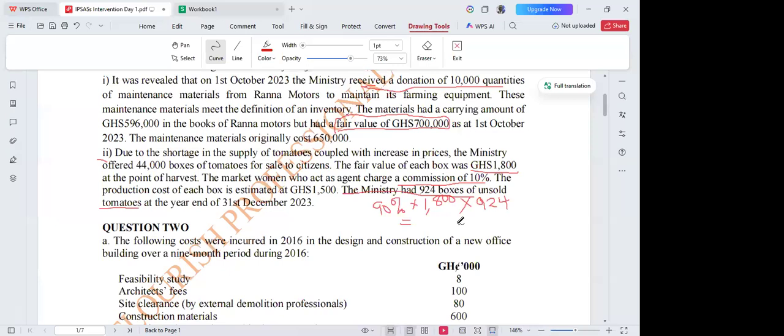What are you going to get? 1,496,880. Okay, so this will be our answer in this case.